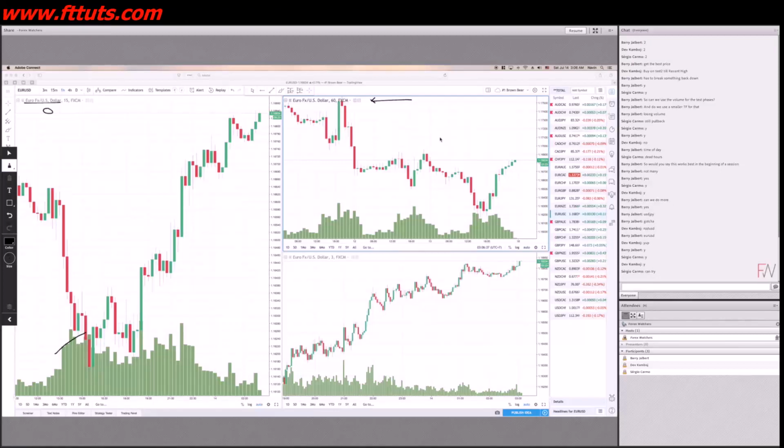At what point did these sellers lose the ball? At what point did the sellers stop saying pull back, sell, pull back, sell? When would you have known?